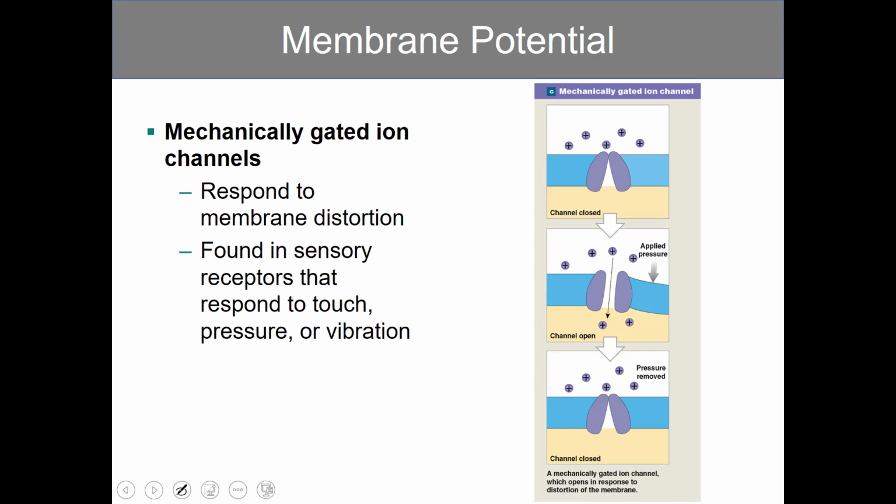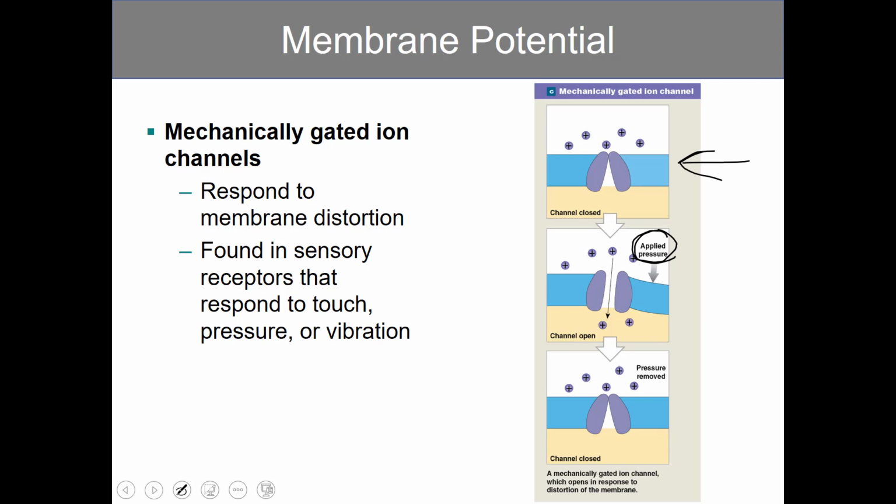The last type of channel is the mechanically gated ion channel. This is going to respond to some type of distortion in the membrane itself. In fact, up here at the top of this image, we see the ion channel is closed, but if you apply pressure to one side of that channel, it's going to force that channel open just from the applied pressure.